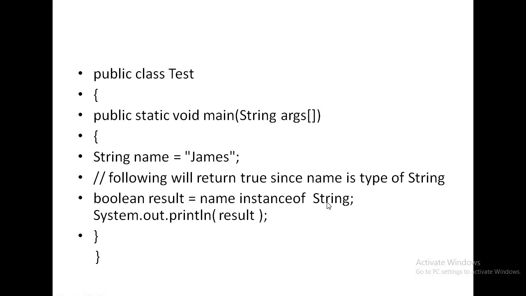The JVM checks whether name belongs to the String class or not. Since name belongs to the String class, the instanceof operator returns true. So System.out.println(result), what is the output? True. If name does not belong to the String class, it returns false. But here name belongs to the String class, so the instanceof operator returns true. So this is all about the ternary operator and instanceof operator.